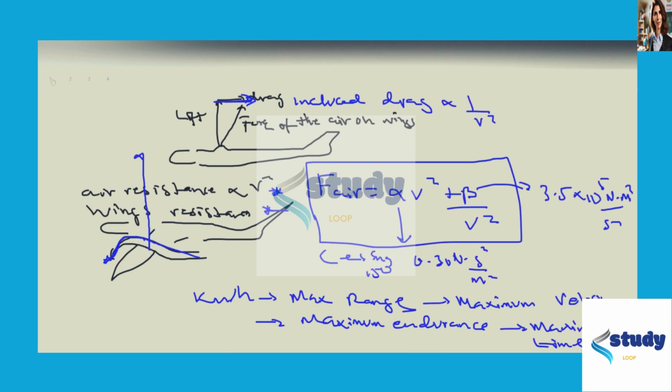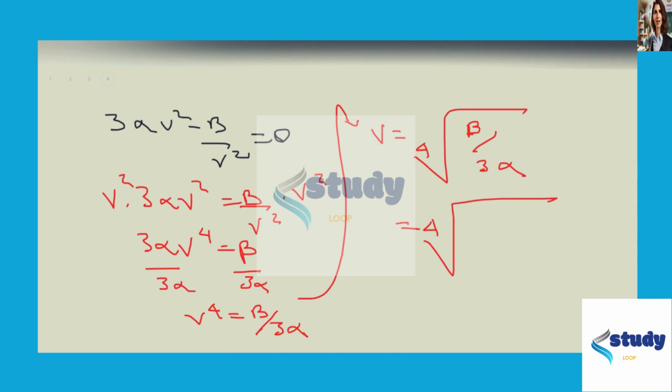Remember, beta happens to be 3.5 times 10 to the 5 Newton meters squared over s squared. So 3.5 times 10 to the 5 Newton meters squared over s squared, all over 3 times alpha, which is 0.30 Newton second squared over meter squared.